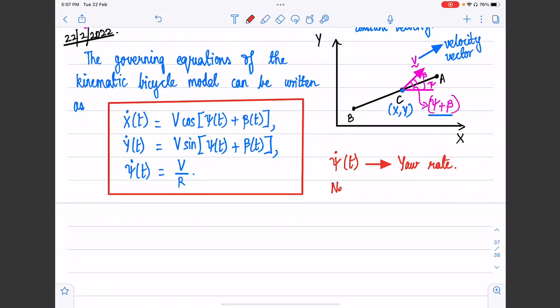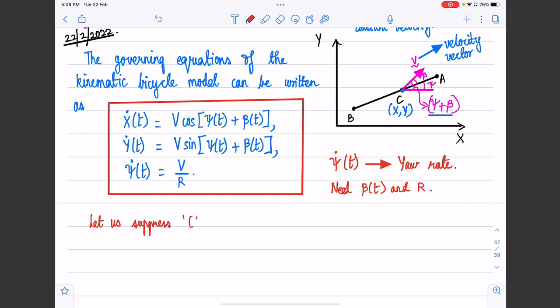So we need to find beta of t and the turning radius r. We don't have those values because we know the speed of the vehicle and we know delta f and delta r. So we need to find out beta and r so that I can solve this model and do something meaningful.